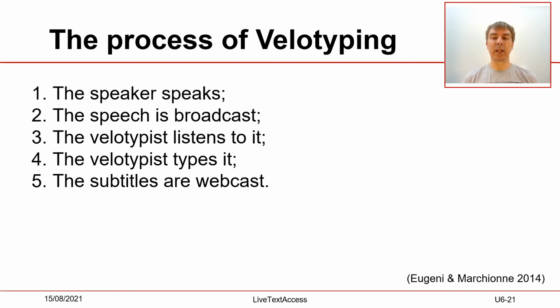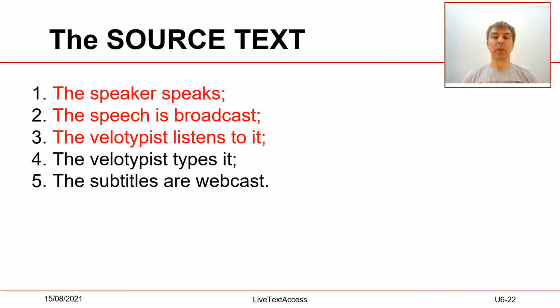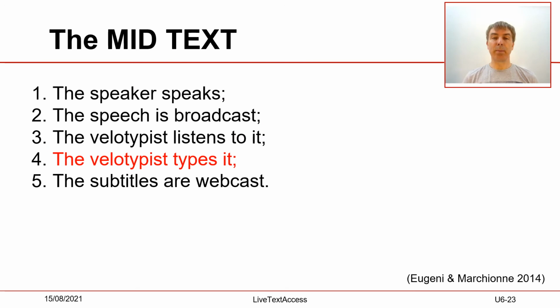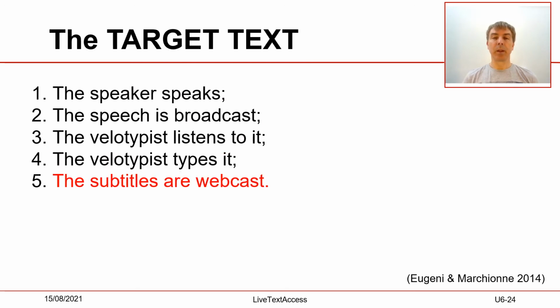To facilitate its understanding, we have divided these 5 steps into 3 groups, which we will call texts. The first 3 steps can be grouped together and referred to as the source text. The fourth step can be referred to as the mid-text. The last step can be referred to as the target text.